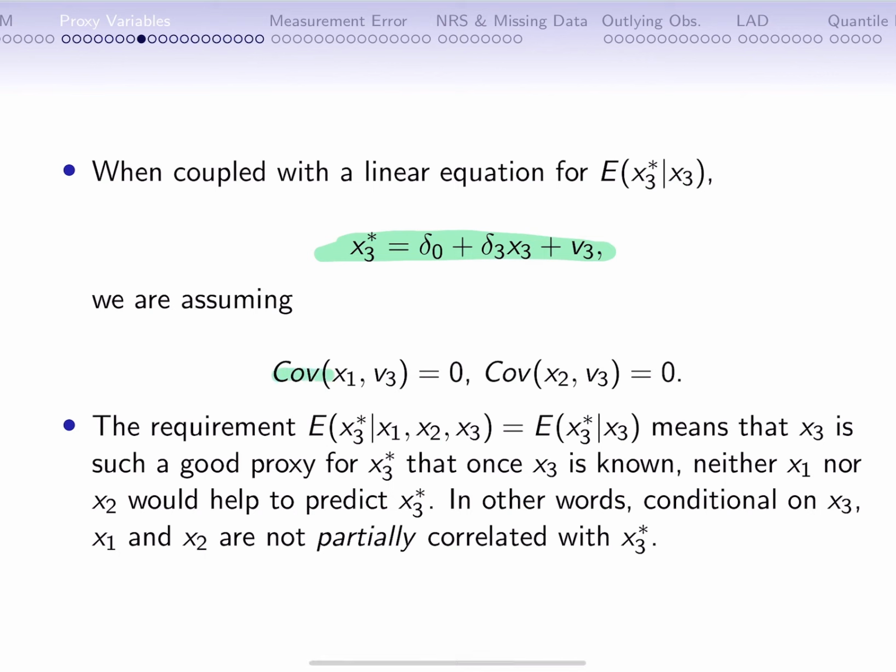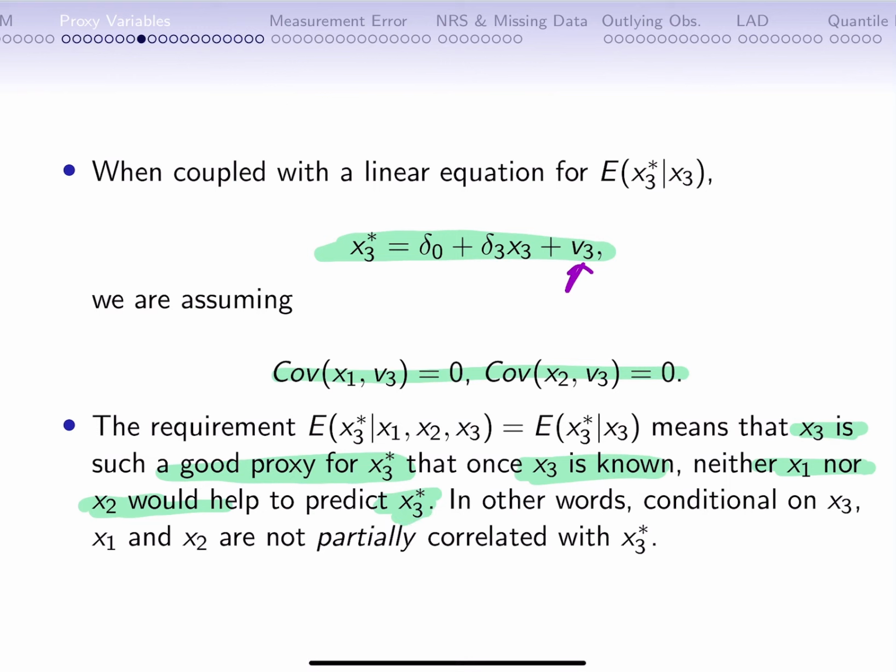So we're assuming here that the covariance or correlation between x1 and v3, which is the error here, is 0, and the correlation between x2 and v3 is also 0. Okay, so what this translates into is that x3 is such a good proxy for x3 star that once we know x3, neither x1 nor x2 would help predict x3 star.